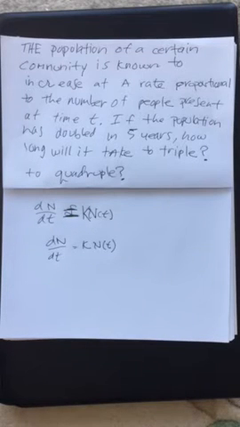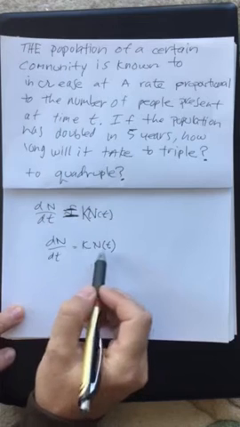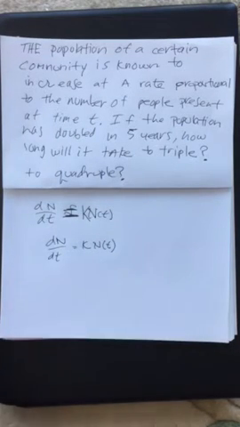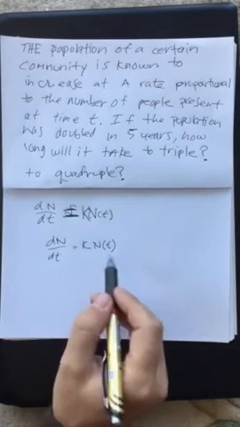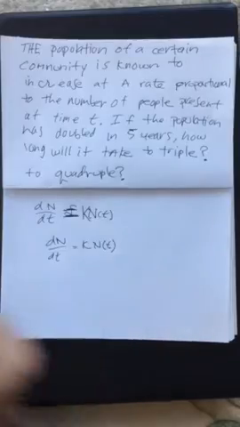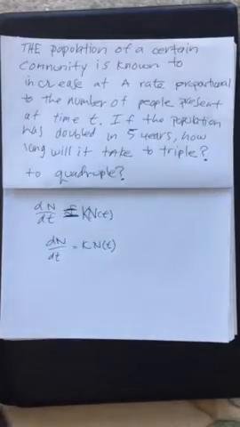That's what we're looking for. We're looking for a function of this. So how do we solve that? It's a differential equation that we have to solve for the population function as a function of t. Okay? So how do you do that?